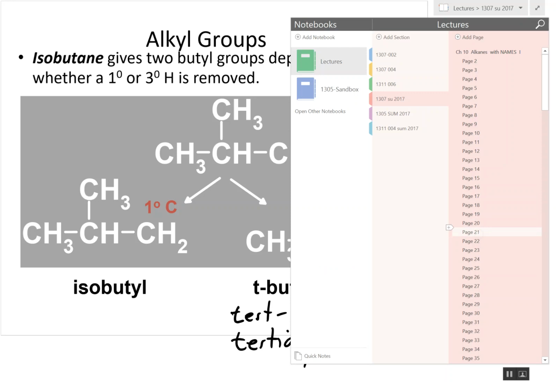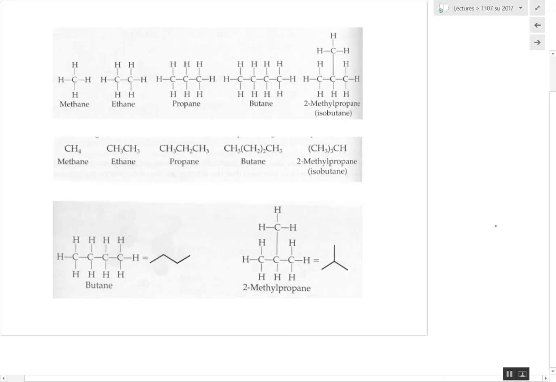So we got methane, ethane, propane, butane, 2-methylpropane. We'll get back to that in a minute. Butane, there's your line diagram. 2-methylpropane, there's your line diagram. I won't dwell on that slide right now.